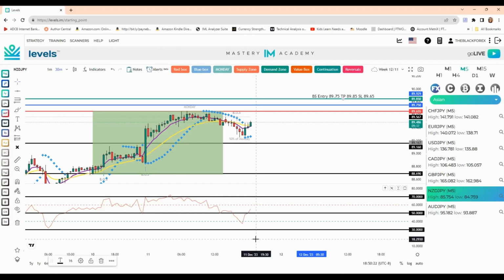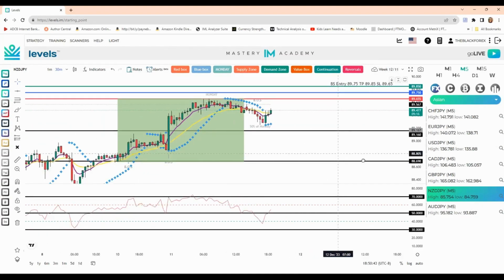TP is 89.85. Always double check your numbers. Current market is 89.48. All right, so we should be good to go on those. Now you can do this on any of these. You've got the formula. Go ahead and practice it on your favorite pairs.